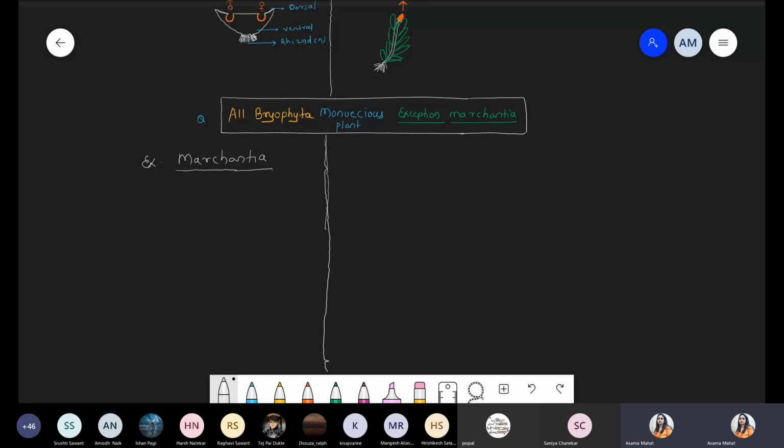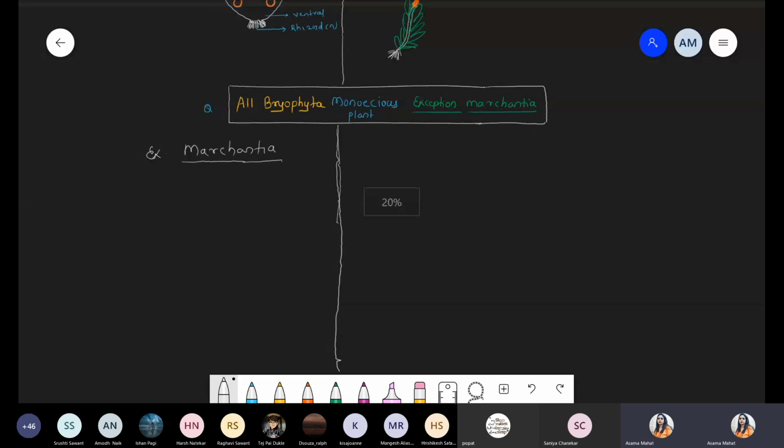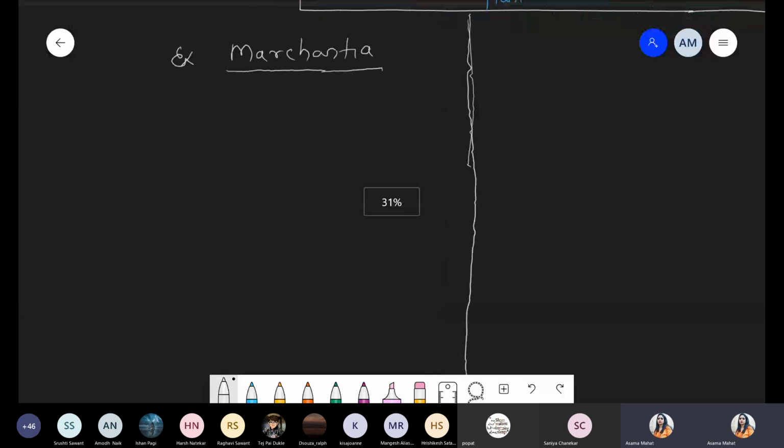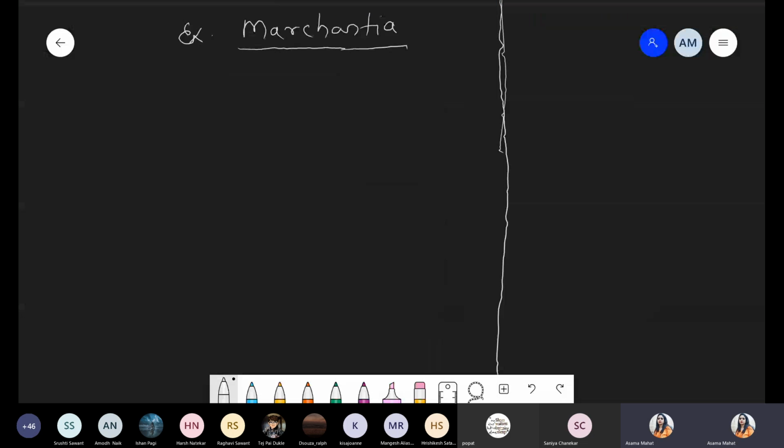Okay, Malaka, chalo. So Marchantia is a very important example because when we start the 12th standard first chapter, reproduction in plants, that time again we discuss this point, but I'm not taking it in detail because we already studied detailed information in this chapter.